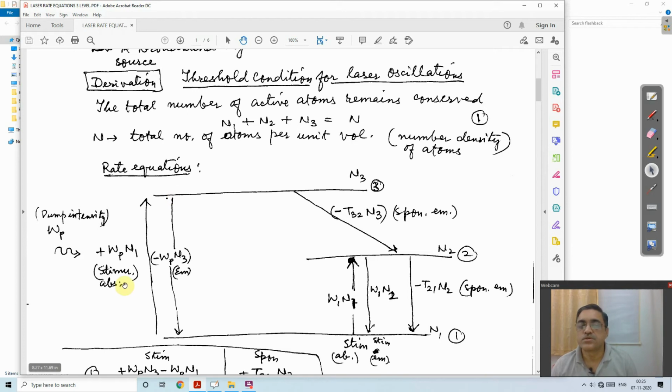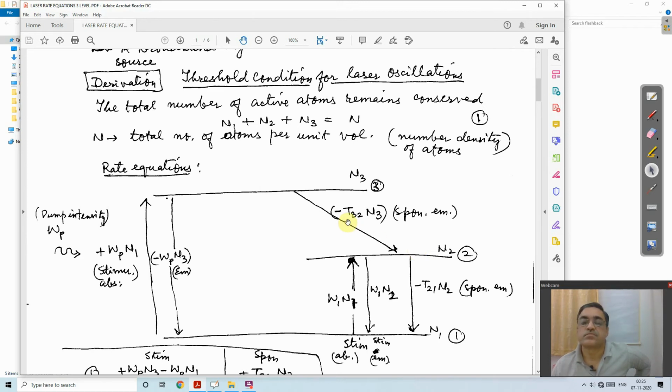Now this is stimulated transition, and as I told you, there is a spontaneous transition also from 3 to 2, which is responsible for maintaining a population inversion.